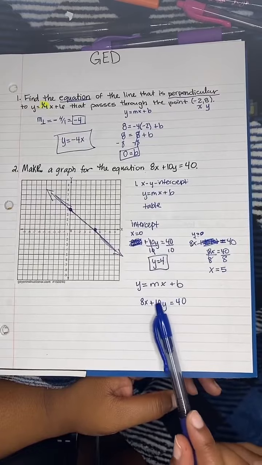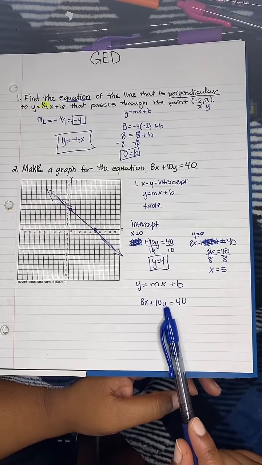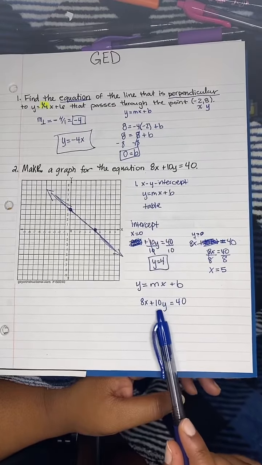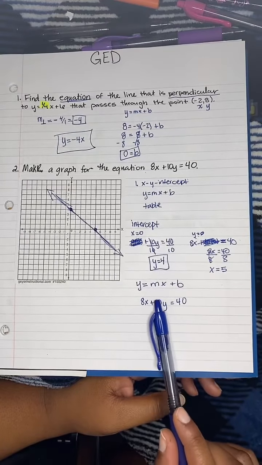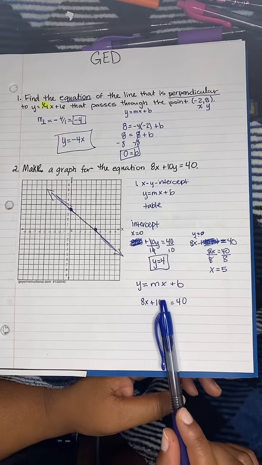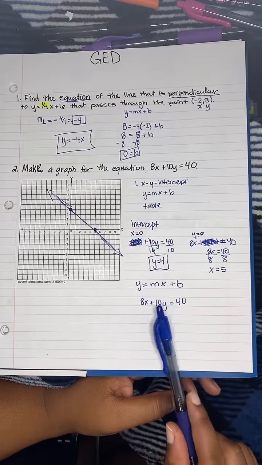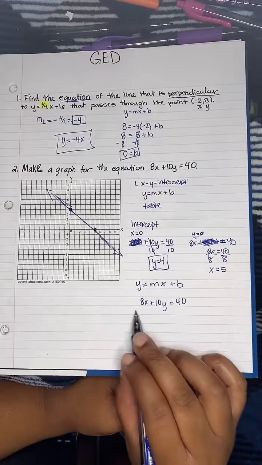Since I want to get y by itself, does anybody know the first step? What do I have to move if I want to keep 10y on this side? Yep, subtract 8x. I'm going to subtract 8x from both sides.